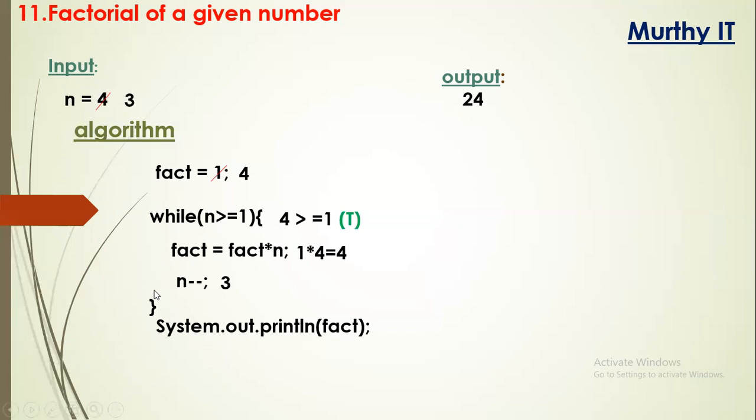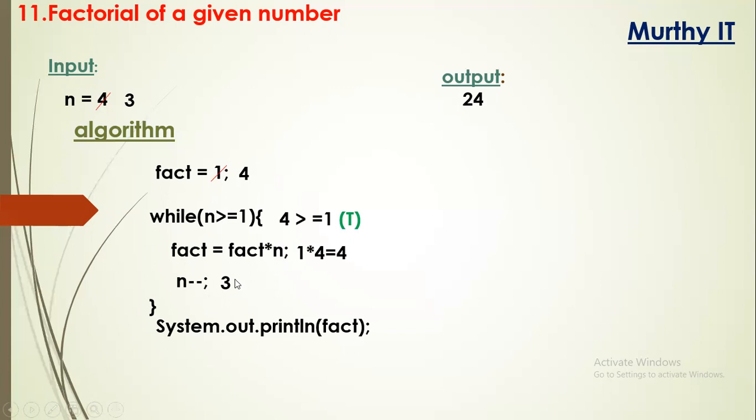And the second iteration, what will happen? Here 3 greater than or equal to 1, true. So in the fact variable, what is there previously? 4 is there. 4 into currently n value, how much? 3. 4 threes are 12. So now 4 is replaced by 12 in the fact variable. Now n minus minus.